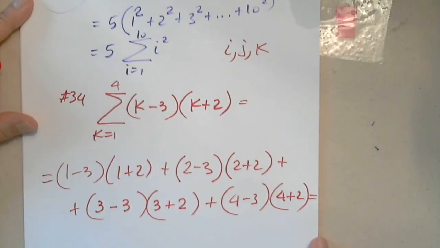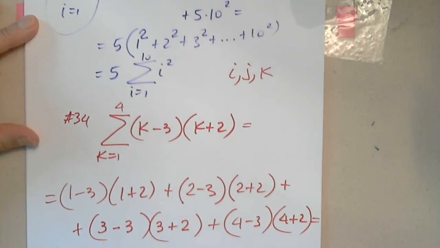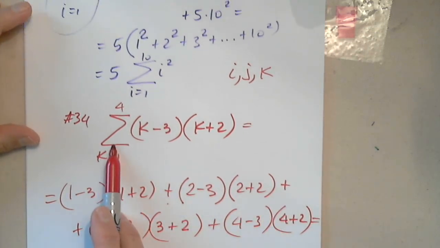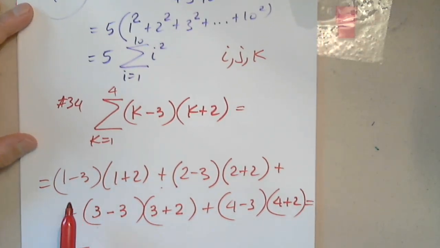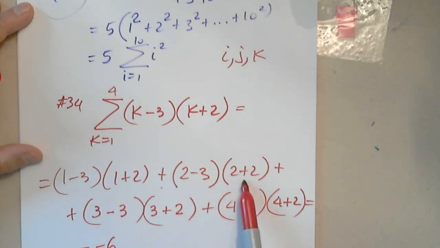Yes? Is this clear? And we have to add because of the summation notation. Can I do this by hand? Yes, and then we'll do it with a calculator. 1 minus 3 is negative 2, and negative 2 times 3 is negative 6. Negative 1 times 4, negative 4. 0, goodbye. 4 minus 3, 1, times 6.